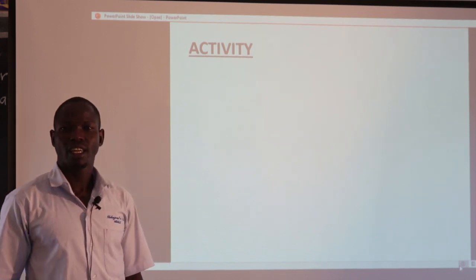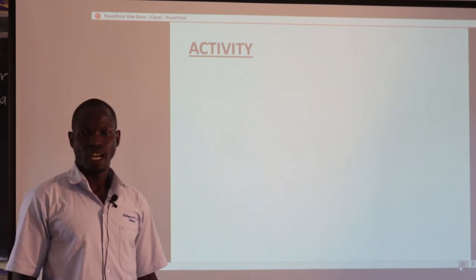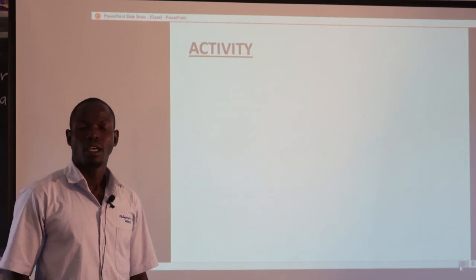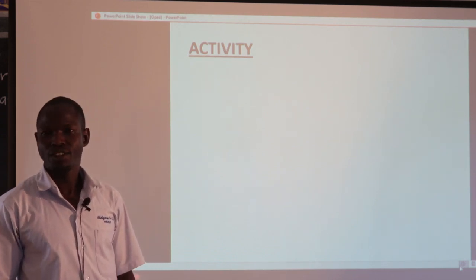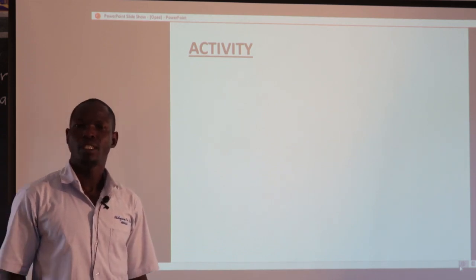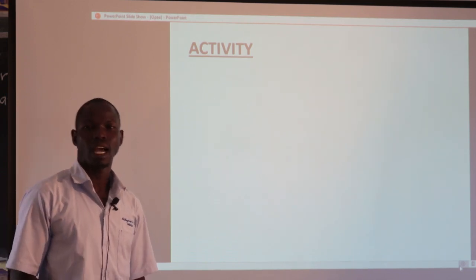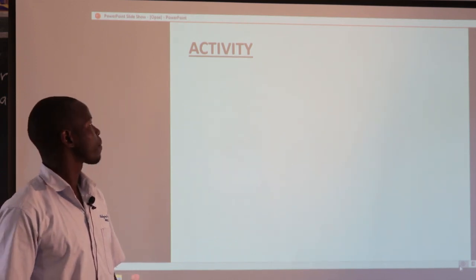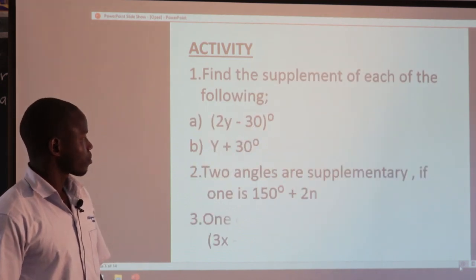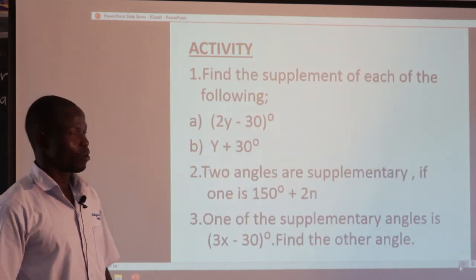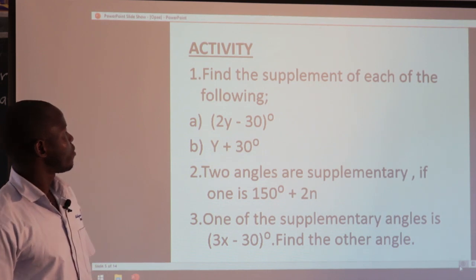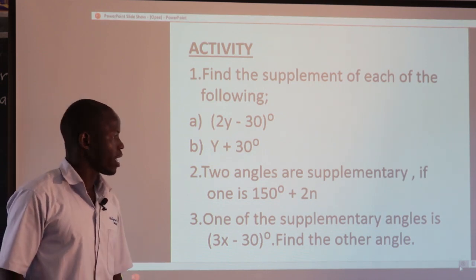Now you are going to take this as your activity, and when you're following this lesson today, you will be doing 3 activities to complete the whole of supplementary angles, so that next time we look at something else. Activity 1 is here. We have, you can read from there.